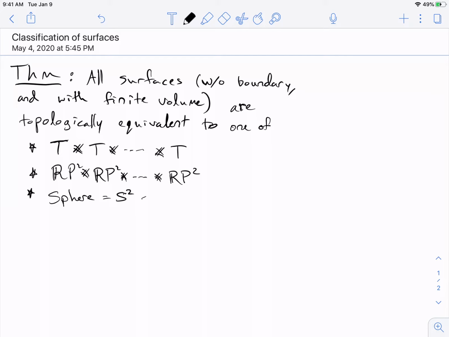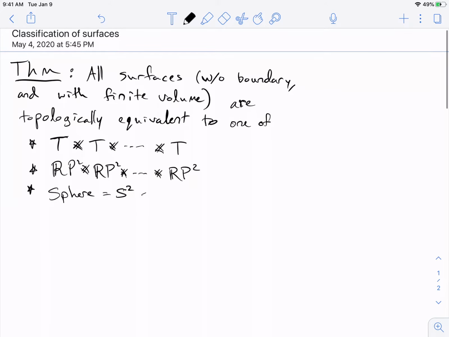And at first, when we started doing this process of taking a polygon and identifying edges, you might have thought, oh, it's impossible to figure out what all the possible surfaces are that we can get this way, because you can choose a polygon with 8 trillion sides and you can identify the edges in all sorts of different ways. And so what hope is there of classifying them in any reasonable way?